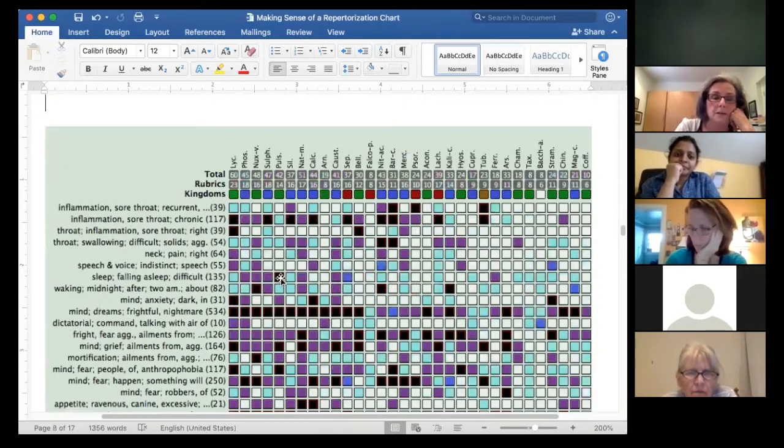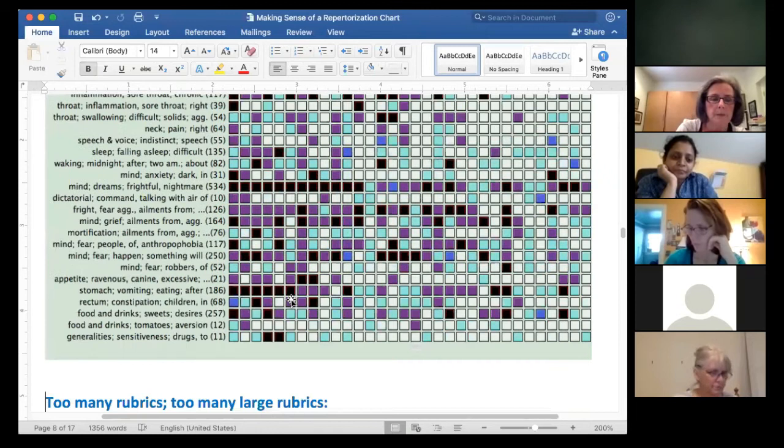Okay, so this is a repertorization from Mac Repertory. I just wanted to show it to you because it's a little bit different. It does the same thing. Things are in a little bit different order, but this is the number of remedies in each rubric, and they don't put the numbers in here, but they have the four grades in the same way that RADAR does. So it's just an example.